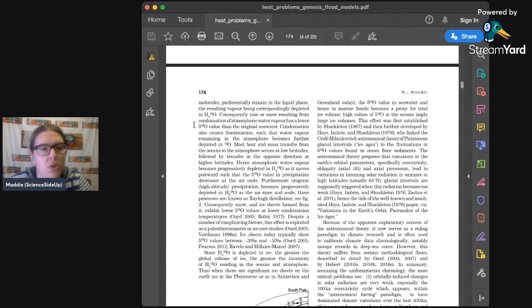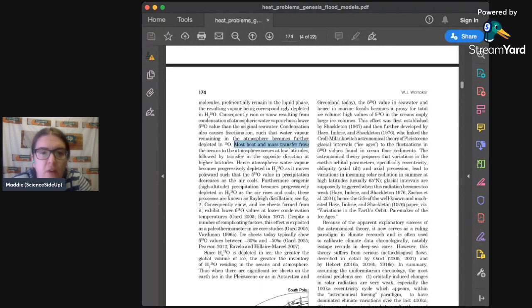Consequently, rain or snow resulting from condensation of atmospheric water vapor has a lower oxygen 18 fraction than the original seawater. Yeah. Condensation also causes fractionation such that water vapor remaining in the atmosphere becomes further depleted in oxygen 18.